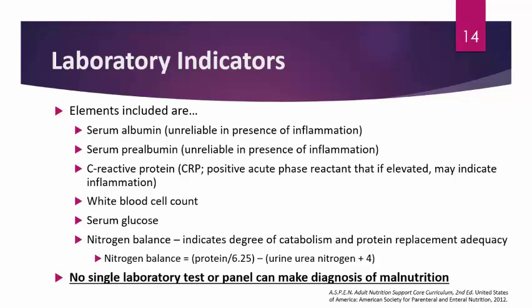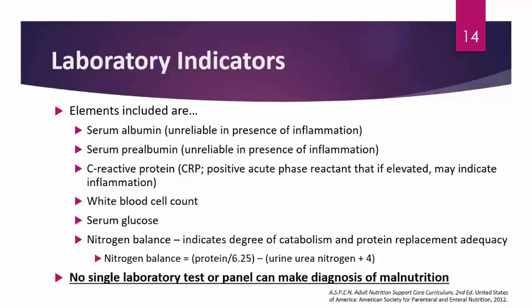Another thing that we may look at, depending on its availability at the institution that you may be going to eventually for rotation or in your career, is nitrogen balance. What nitrogen balance does is it indicates a degree of catabolism and protein replacement adequacy.